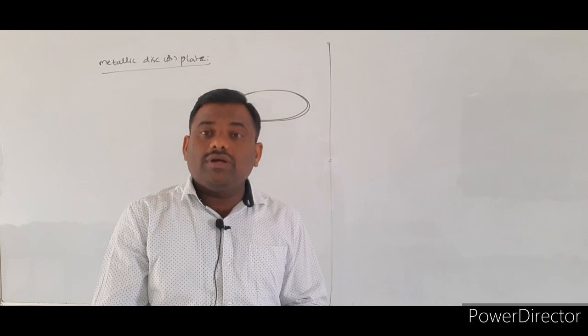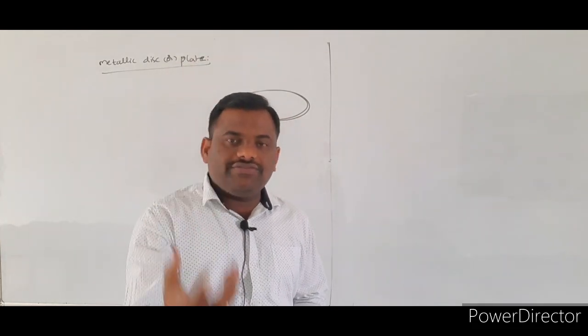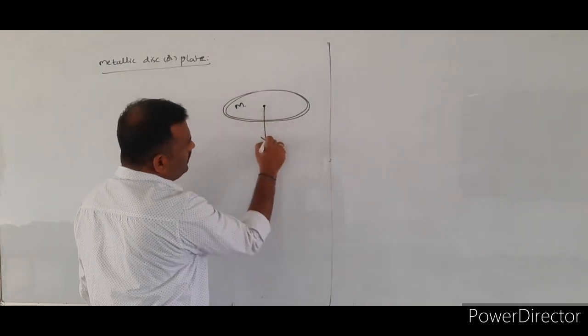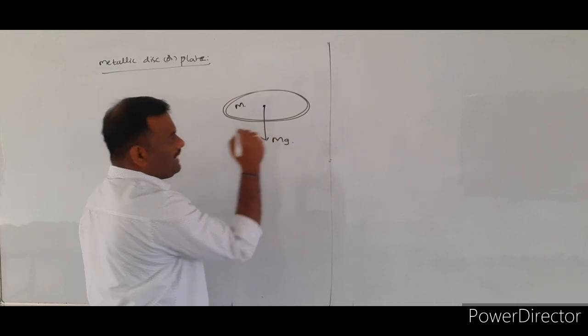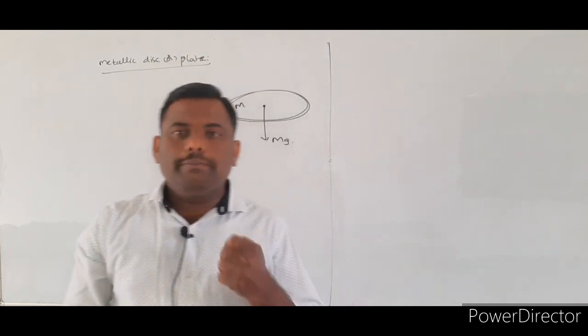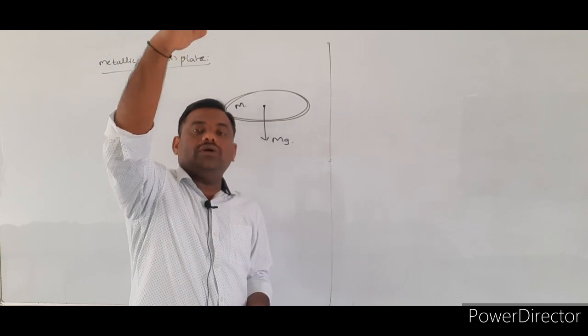It is impossible to place any object in the mid-air. Why? Due to its weight, the weight of the disc will be acting in the downward direction, so the disc will fall downward. But I want to keep the metallic disc in the mid-air only.